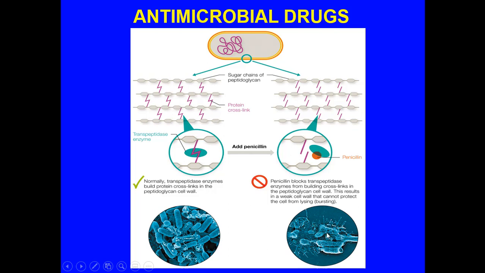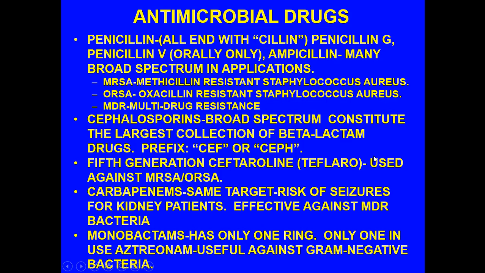So what you see on the bottom here is cells blowing apart, breaking up, because they lack the crosslinks necessary for the structural integrity of that cell wall. Here you have normal cell walls. You see them. They are bacilli shaped. These are the cells that are falling apart. They're lysing, bursting. Okay?